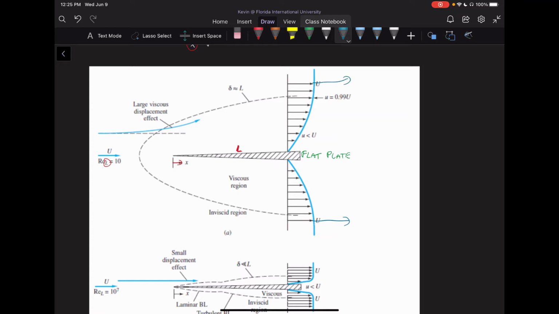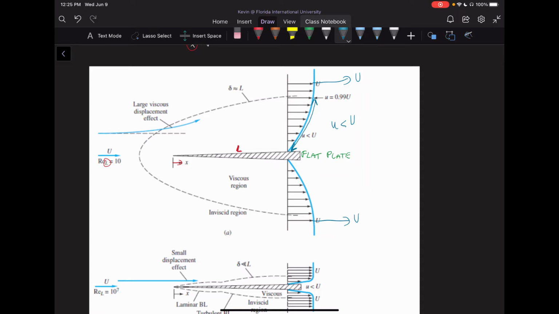We see that we have inviscid flow determined by a capital U. Okay, we have capital U here, and anywhere from here to the middle, we see that our velocity is not completely developed. Our little u, our local velocity, is not equal to U, it's less than U.